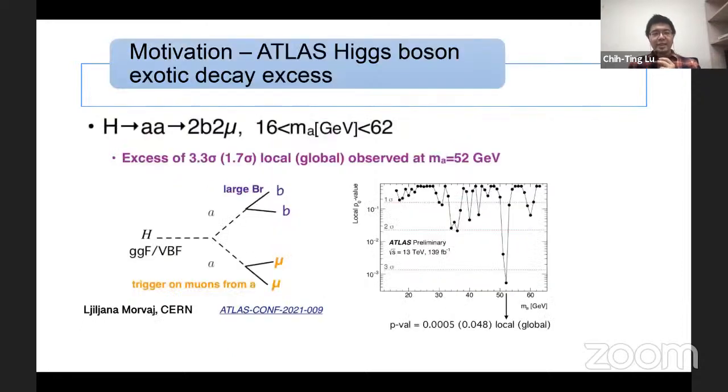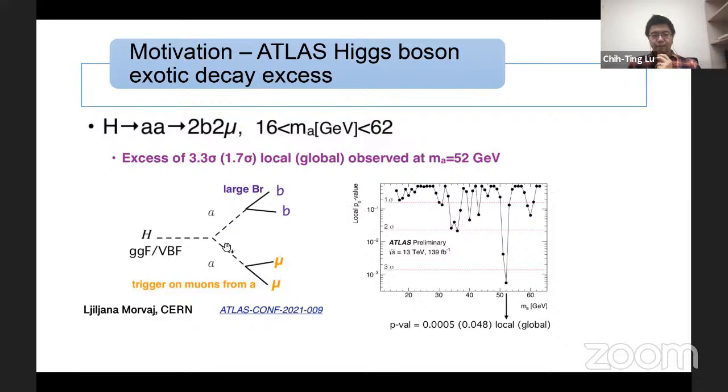And then this one, maybe some people are not familiar with. Recently, the ATLAS Higgs boson exotic decay search also found an excess. In this study, they consider the Higgs boson decaying to a light scalar a, which decays to 2b and 2 muons in this mass range.